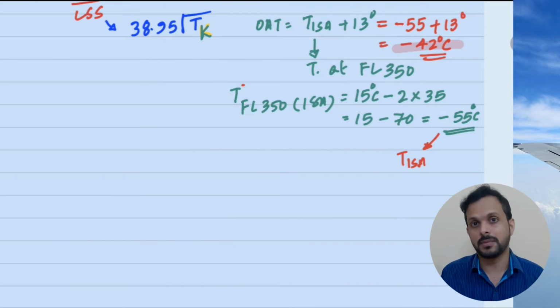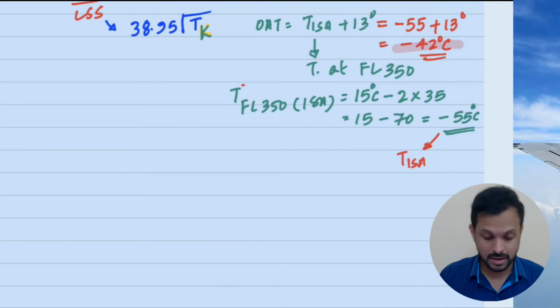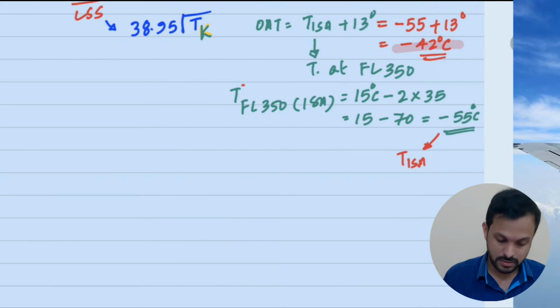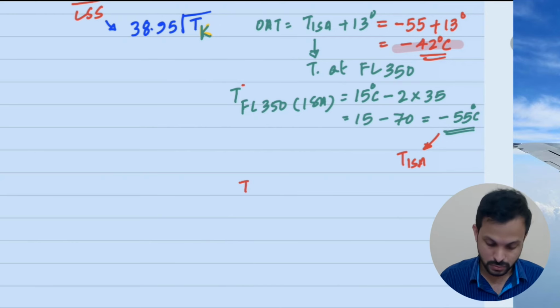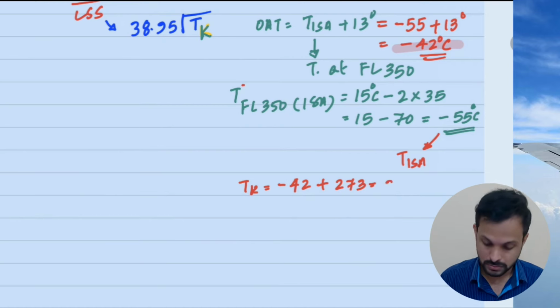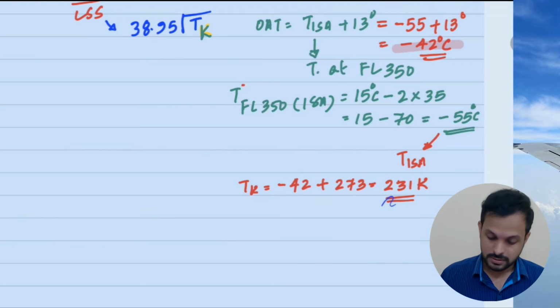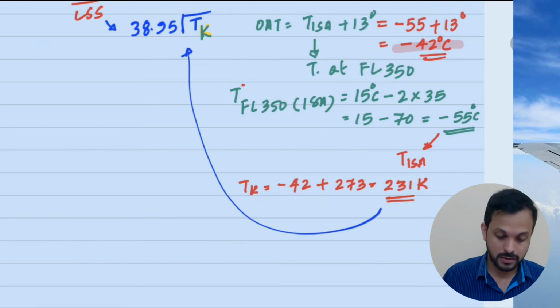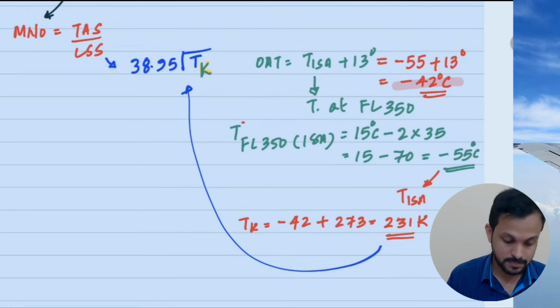To put that in the Mach number equation, we need to convert that to Kelvin, so let's find it out. Temperature in Kelvin is equal to minus 42 plus 273, which is 231 Kelvin. Substituting this value for temperature in the equation here, let's find out the true airspeed. True airspeed is equal to Mach number into local speed of sound.